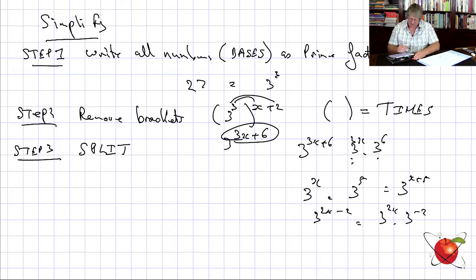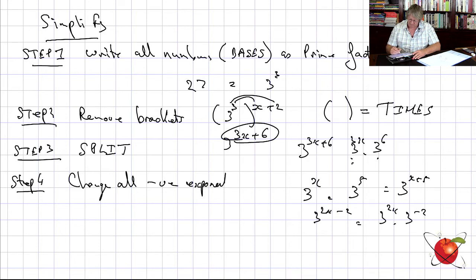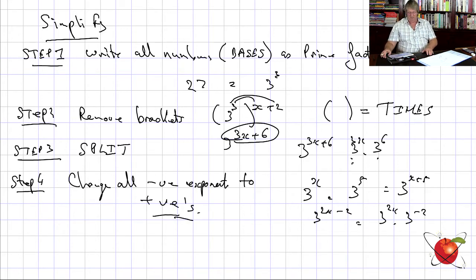So we change, and this is step 4: change all negative exponents to positives. You don't want to work with negative numbers. It just makes it complicated. So we change them.